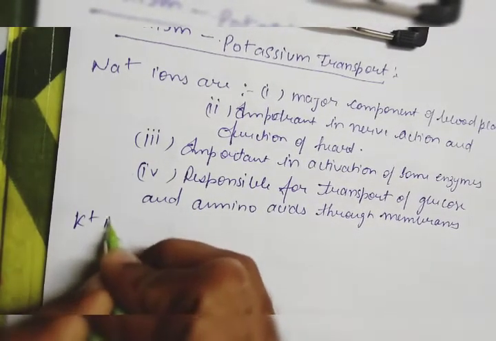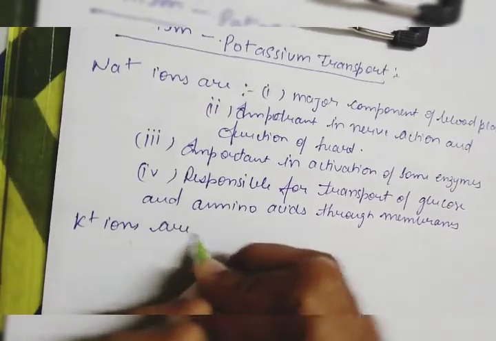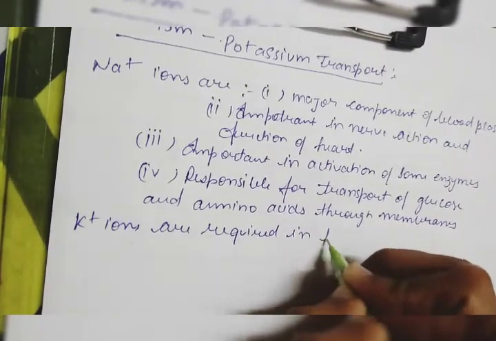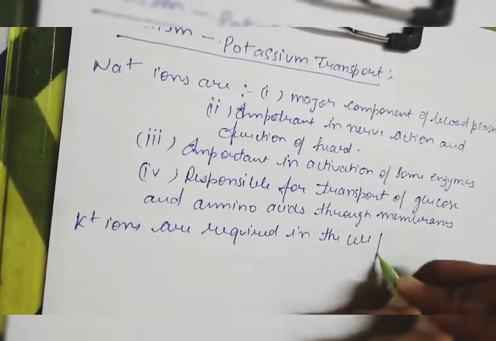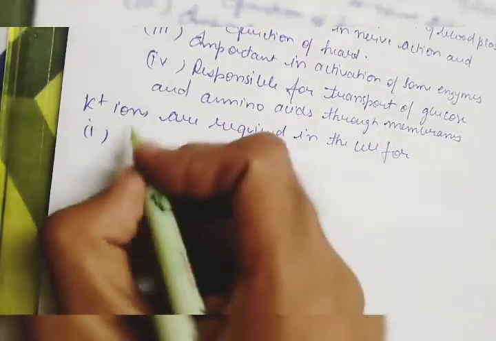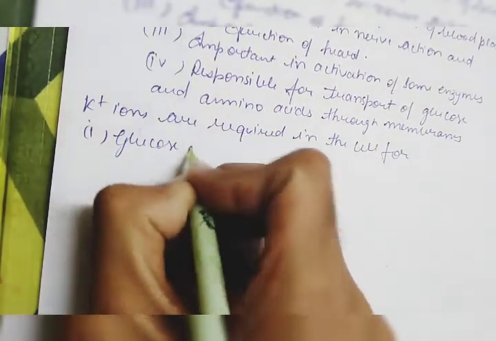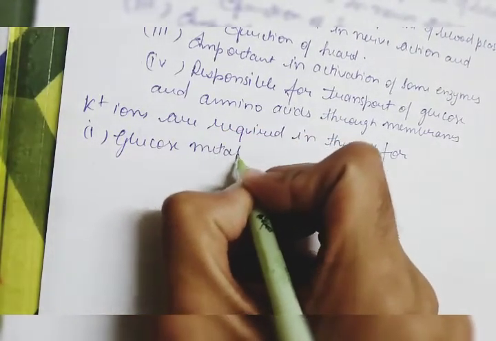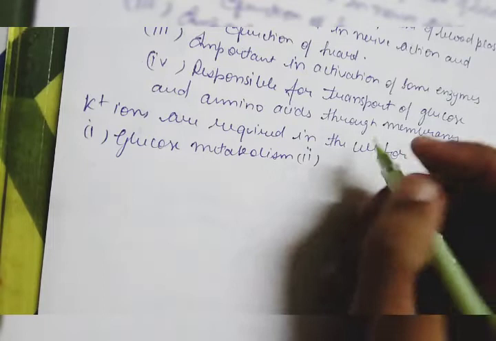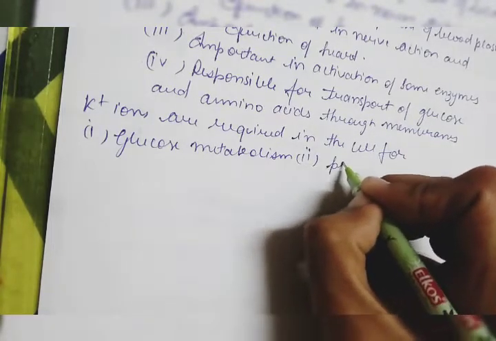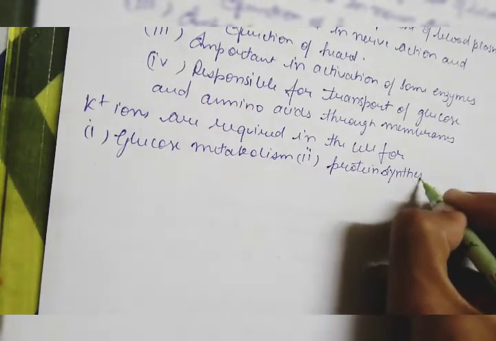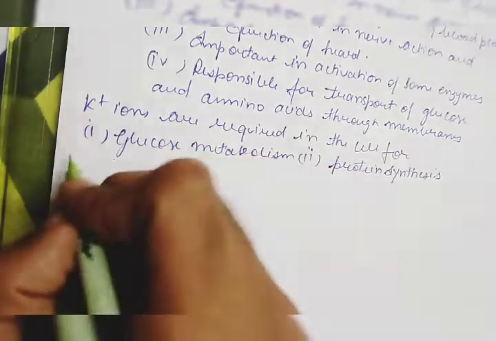That is, potassium ions are required in the cell for first glucose metabolism, second protein synthesis, then we have activation of some enzymes.